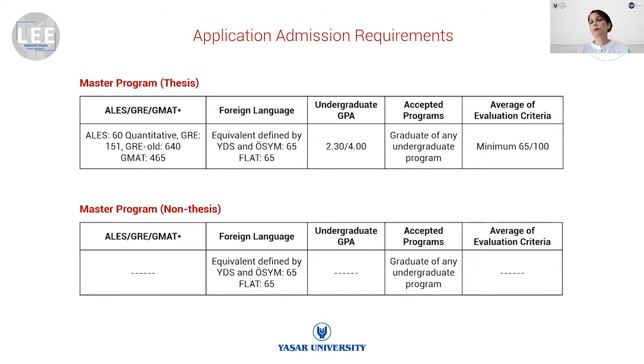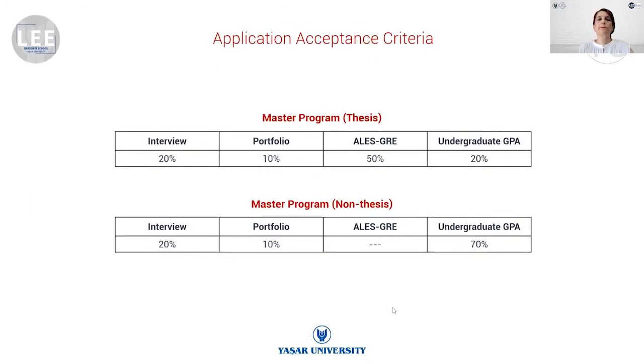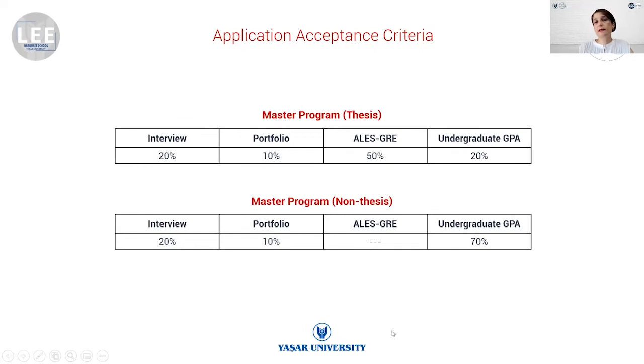However, if you are from a different program other than architecture, you need to take scientific preparation classes, either 1 semester or 2 semesters. And acceptance criteria are defined as you see here: interview 20%, portfolio 10%, ALES GRE 50%, and undergraduate GPA 20%. This is for the thesis program.